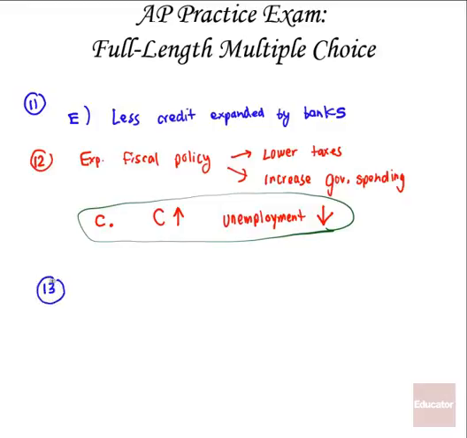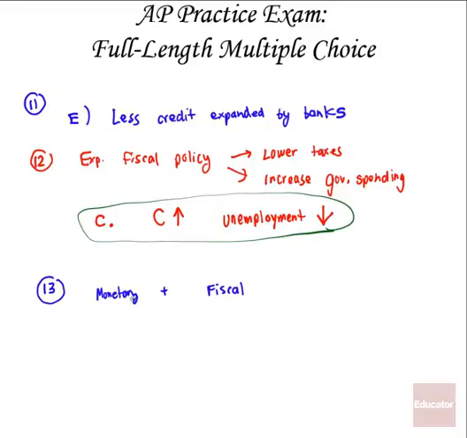Okay, number 13. What's going to most likely cause a severe recession? This is kind of interesting because this is a combination of knowing expansionary plus fiscal policy. Okay, so what are the bad things? What are the contractionary aspects of monetary and fiscal policy?